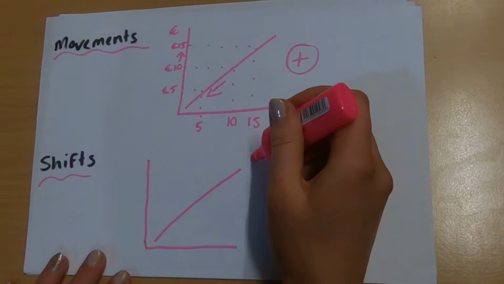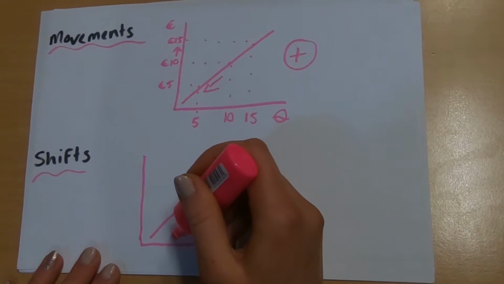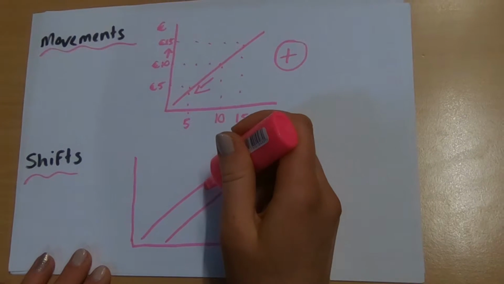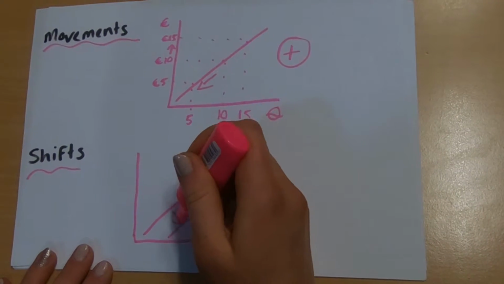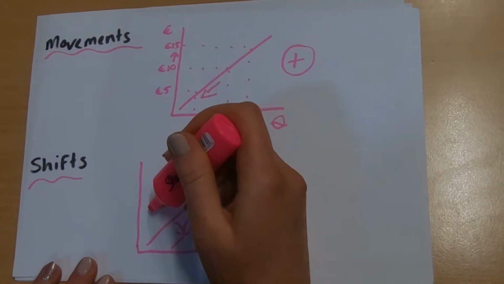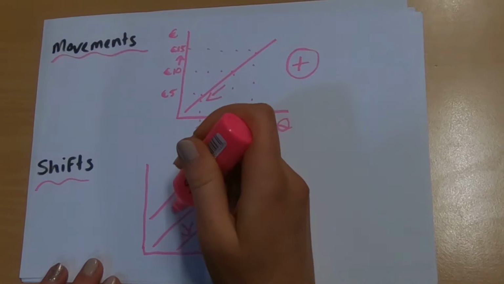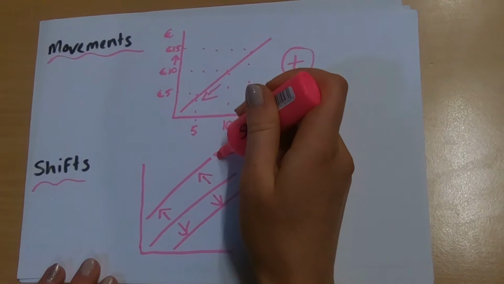So the supply curve can either shift inwards or outwards. An increase in supply will cause a shift outwards to S1. However, a decrease in supply will cause a shift inwards to S2.